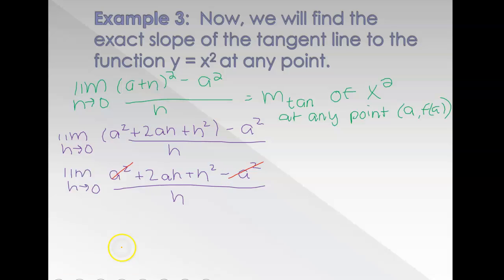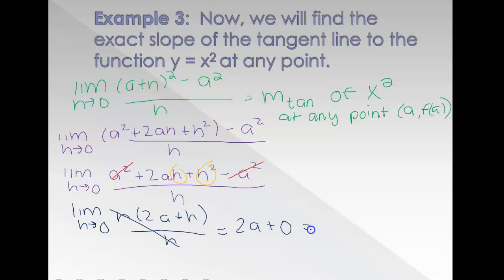That leaves an h in both terms remaining, so take out an h. Plug in your limit value of h and you get 2a.